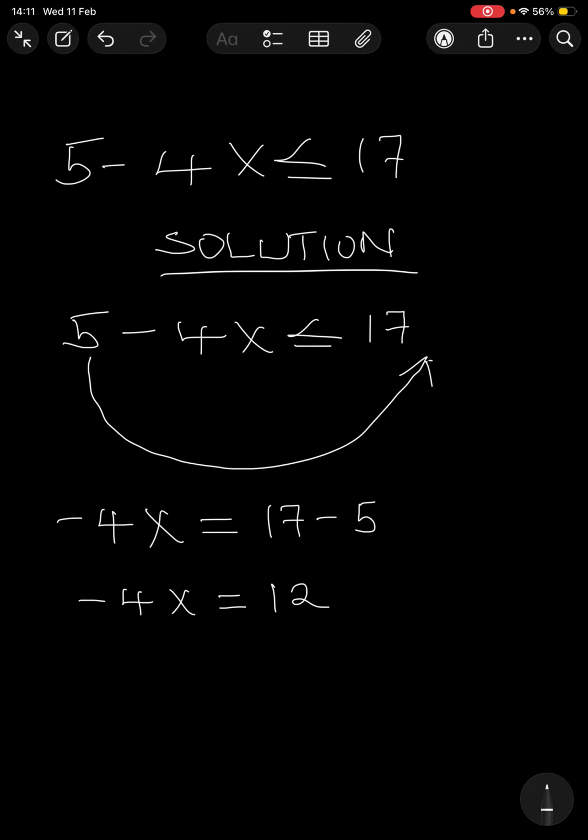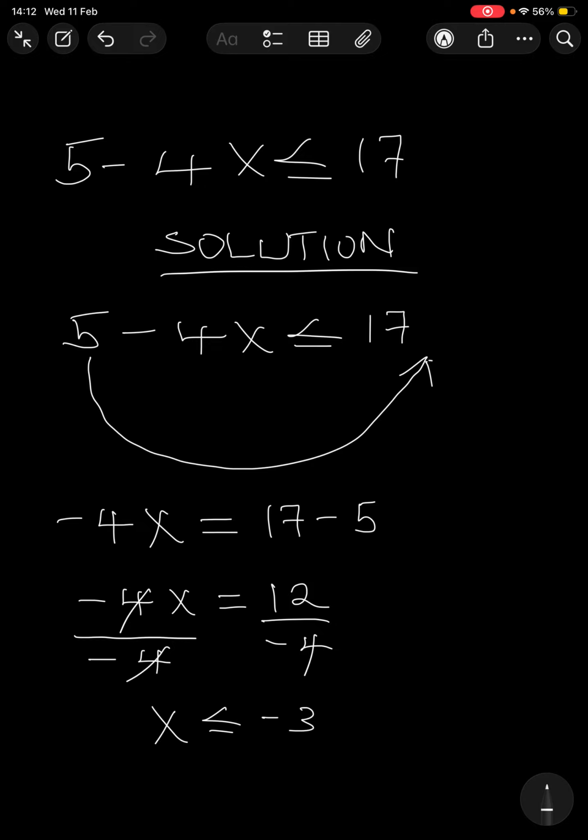Next, make x the subject. So you divide both sides by negative 4. So you get x is less than or equal to negative 3.